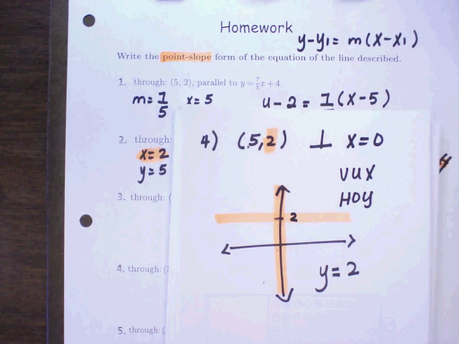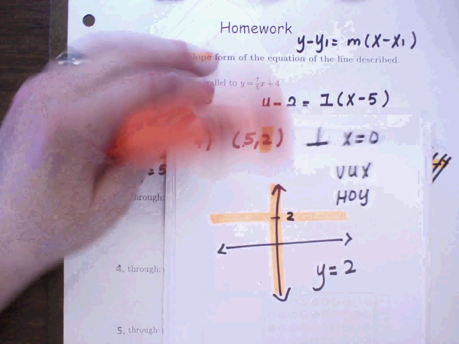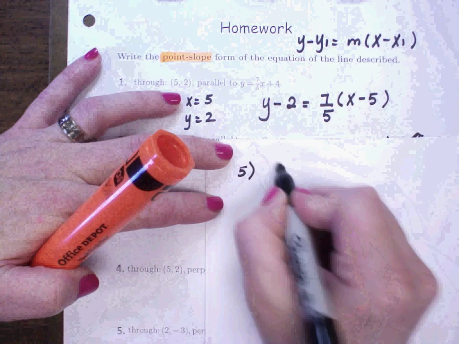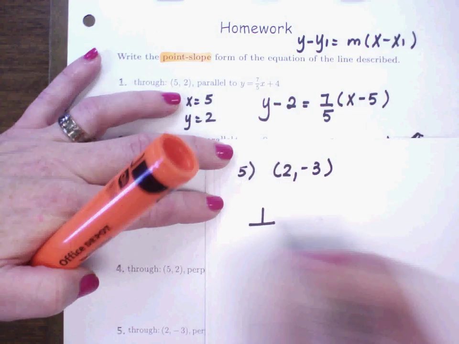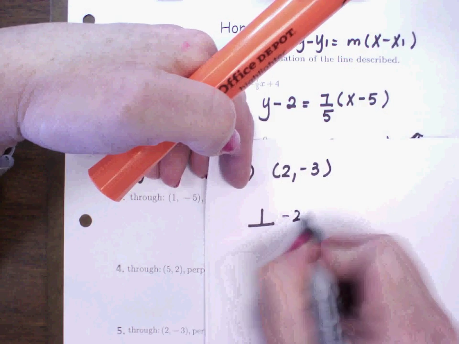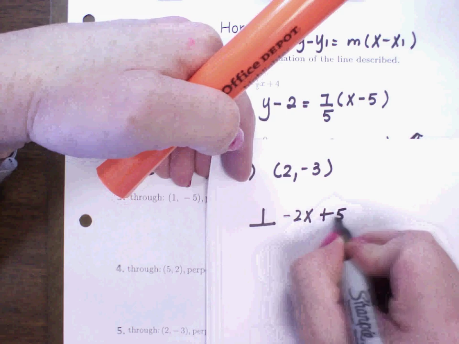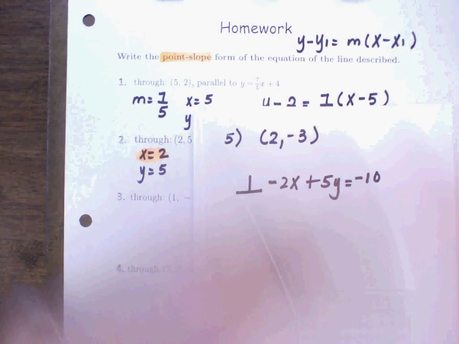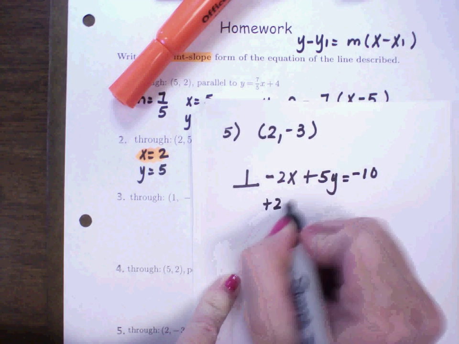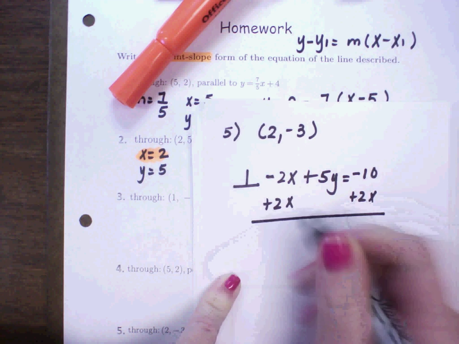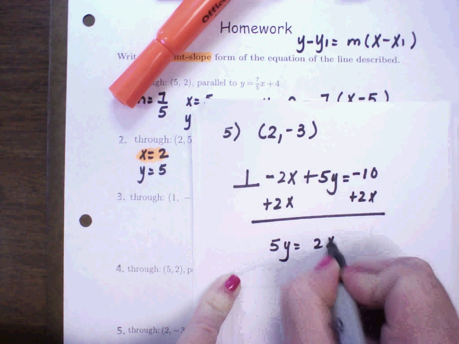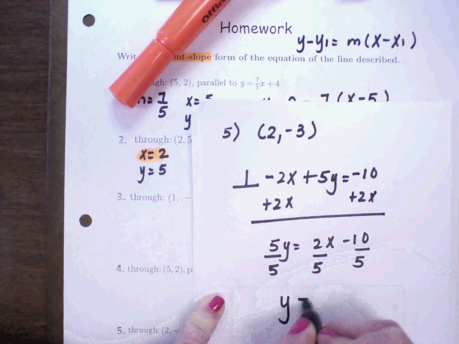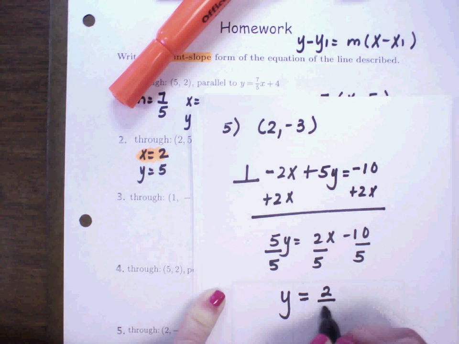All right. Number 5. Number 5 goes through 2 and negative 3 and is perpendicular to negative 2x plus 5y equals negative 10. I got to solve for y. Very good. So plus 2x on both sides. So 5y equals 2x minus 10. Divide by 5, and y equals 2/5 x minus 2.